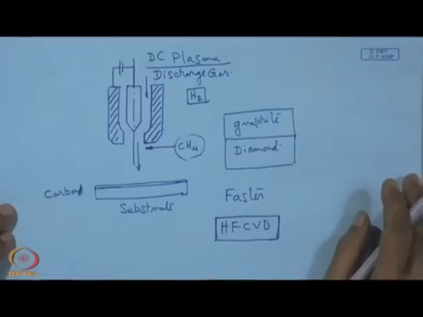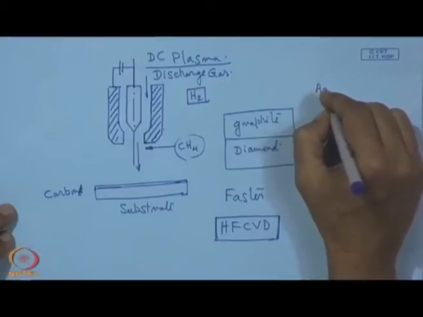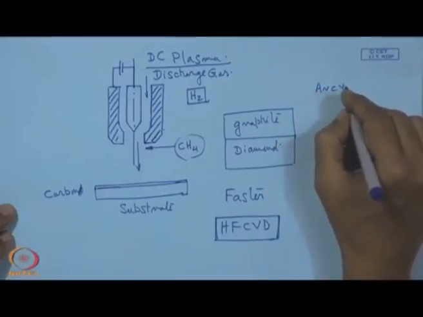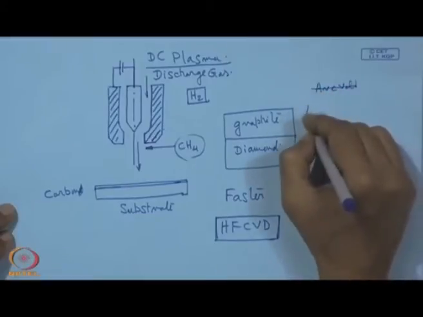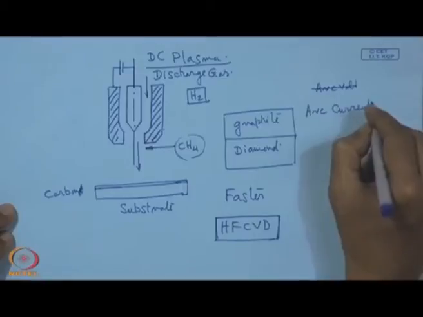Now, for this DC plasma deposition, what are those process parameters? One very important parameter is the arc current, or say arc voltage, or power of the machine.